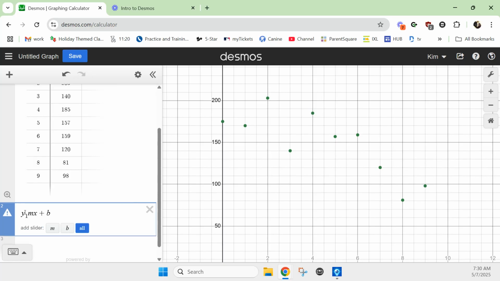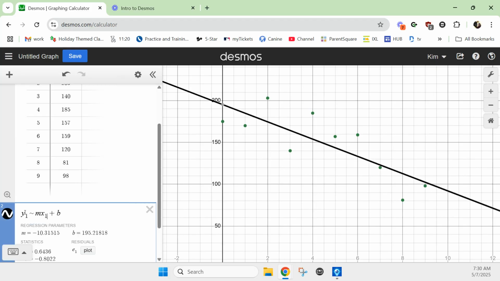And then instead of having an equal sign, I want to do the squiggly line that's up next to the number 1. So shift and next to the 1, I have that. Then I don't want x, I want x sub 1. So I'm going to change this to x sub 1. Look at that. It gave us an equation of the line.